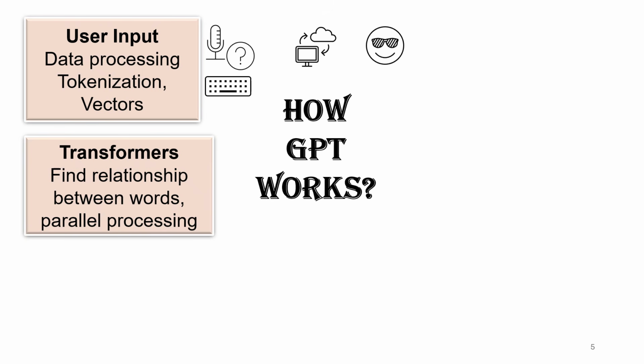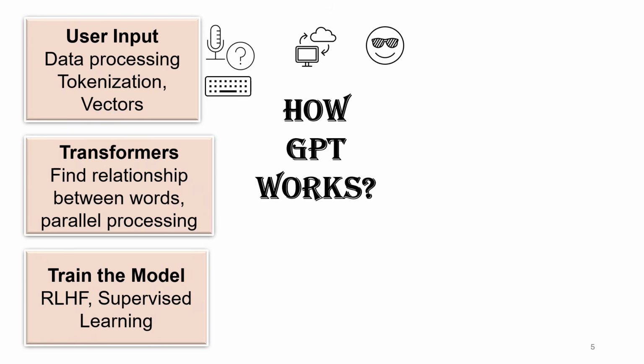Which machine learning algorithm is used to train the GPT model? Some GPTs are based on supervised learning and some are based on self-supervised learning. But most of the GPTs use reinforcement learning with human feedback, that is RLHF, to train the GPT model like ChatGPT.